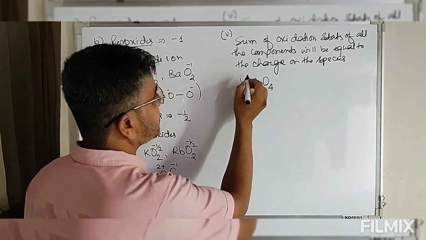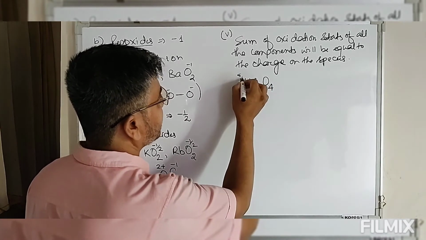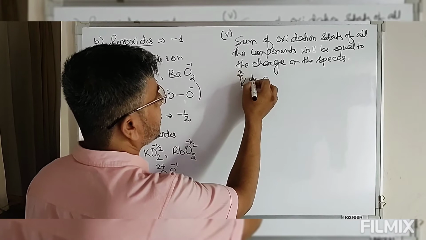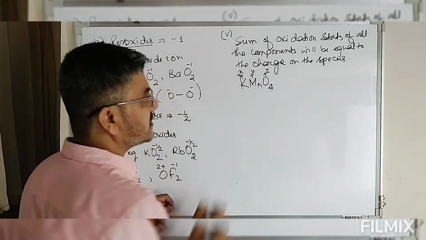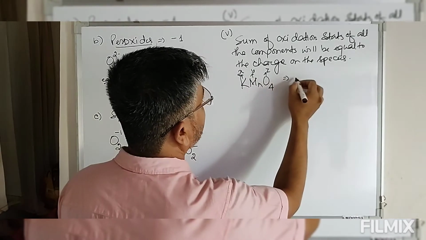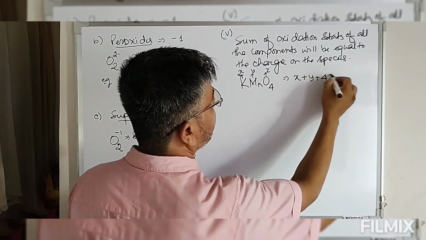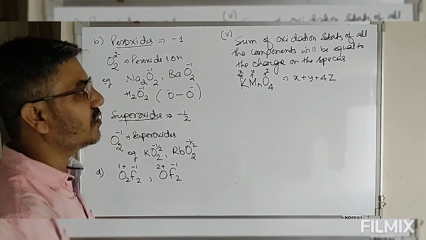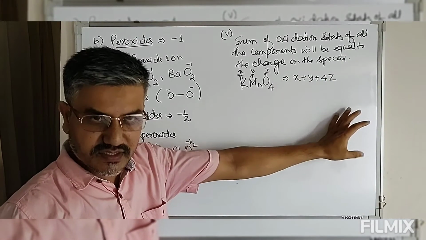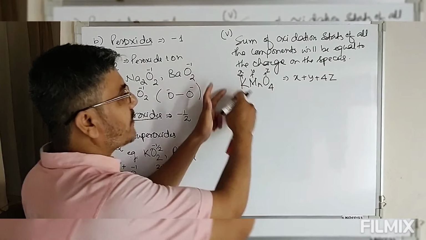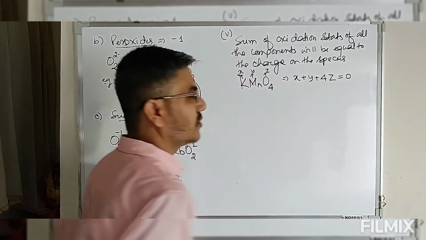Suppose the oxidation state of K is X, Mn is Y, and oxygen is Z, then the rule says X plus Y plus 4 times Z. This is the meaning of the summation of the oxidation states of all the atoms present. Now KMnO4 is neutral, so this will be equal to 0.